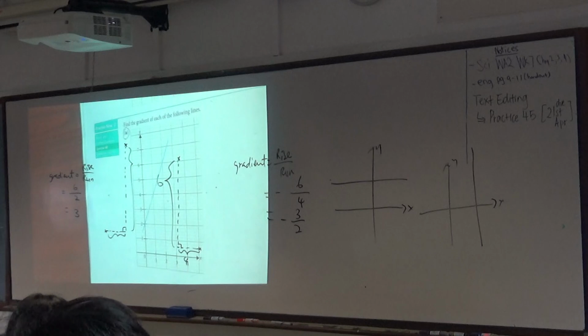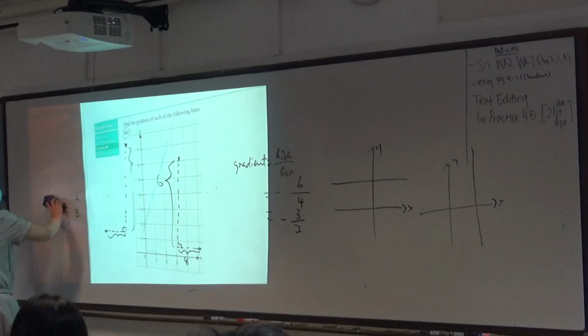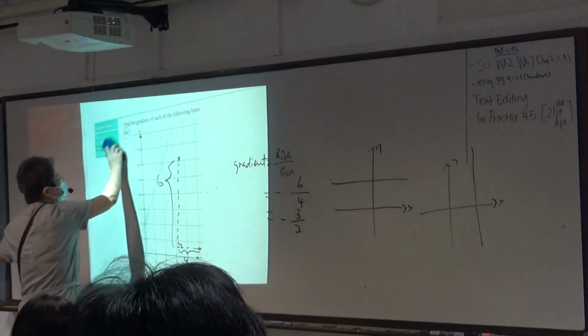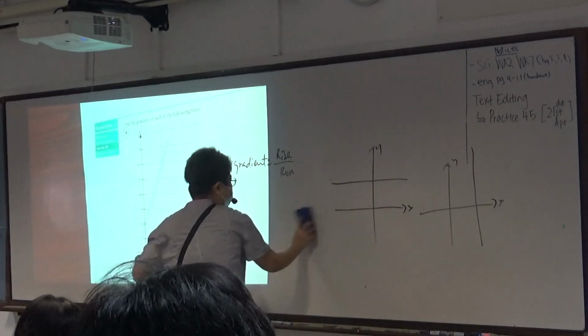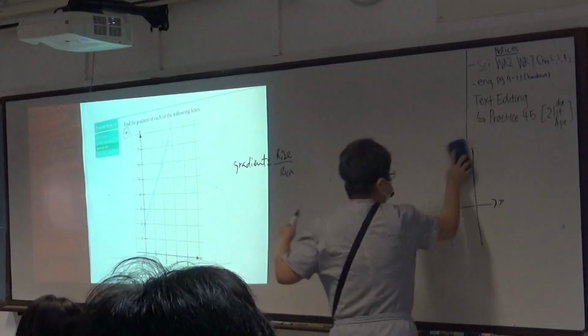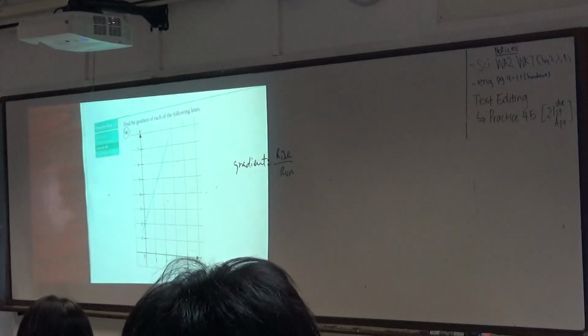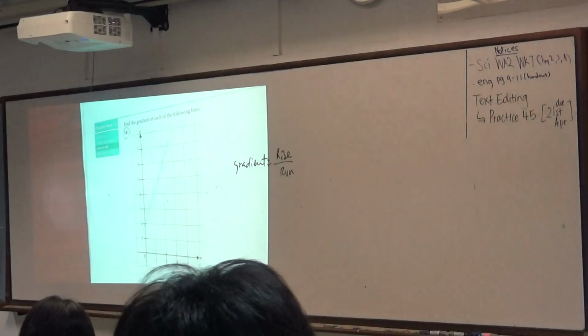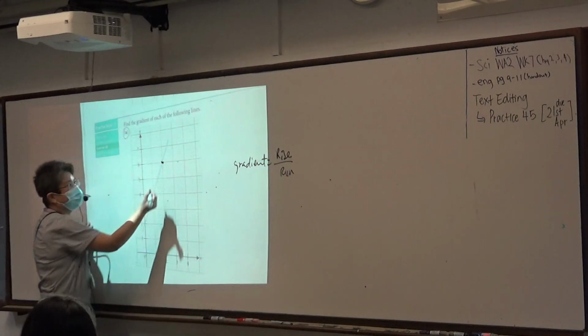Okay, next, I want you to look at practice now 3. Part A. Can all of you look at that? Alright. I want you to identify 2 points that are convenient. Can you tell me which 2 points are convenient for me to choose? This one, right?